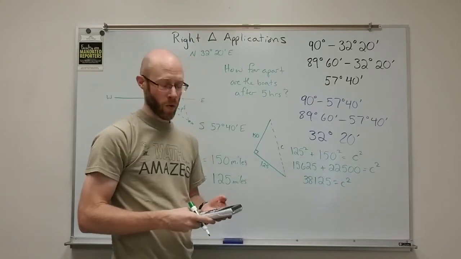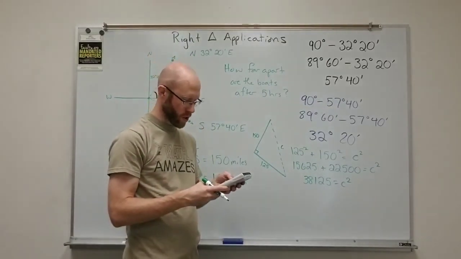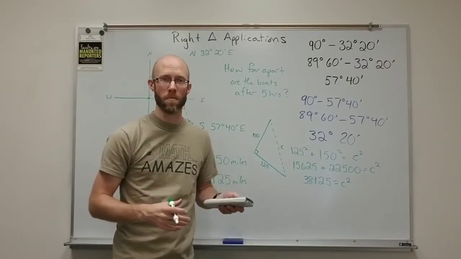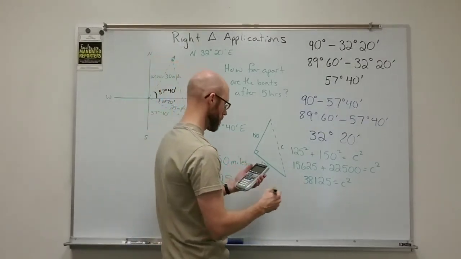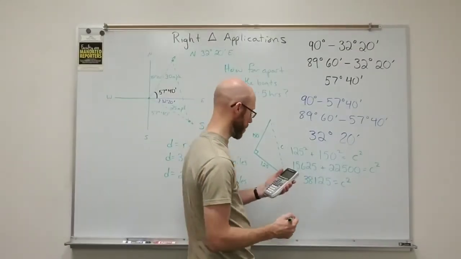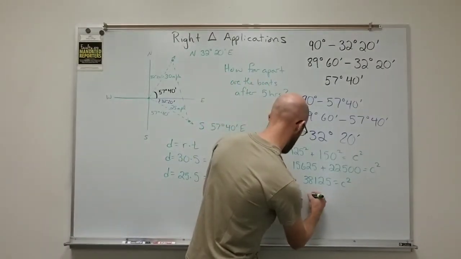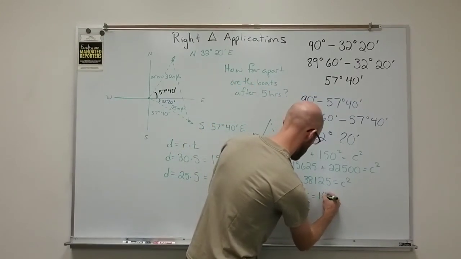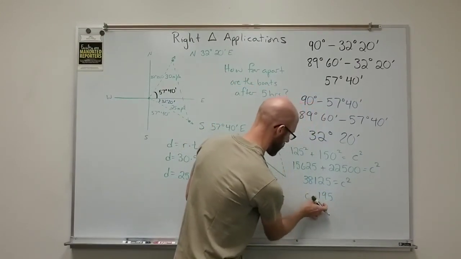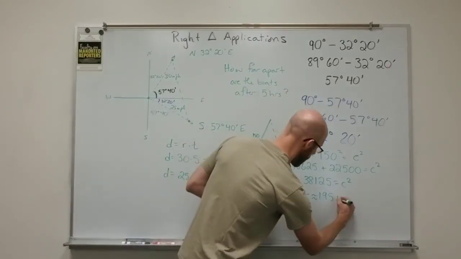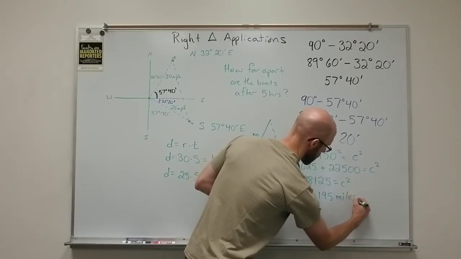And I want to take the square root of that. Now this answer is going to end up being an irrational number. It's a long decimal. We'll round it to the nearest mile at this point. So then our C value, which is the square root, is going to be approximately 195 miles.